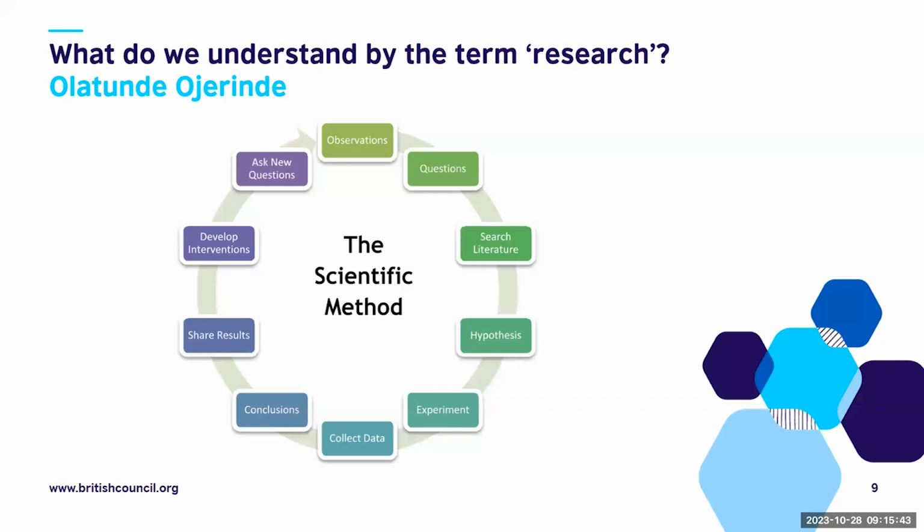So as teachers and teacher educators, or as education managers and administrators, research is something that we must continue to do. We must continually get ourselves involved in it, not because of anything, but because that is the main driver of what we do as educators. So basically, there is nothing special about research. And this is the idea that we have. And this is the idea that we must all have.